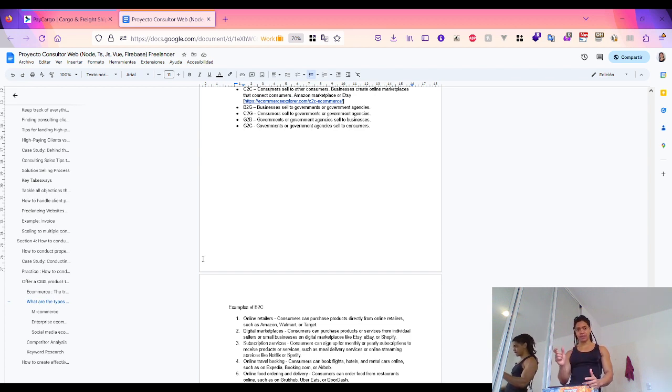Licensing and permit applications, where now business can apply to licensing and permit like food service or building permit.